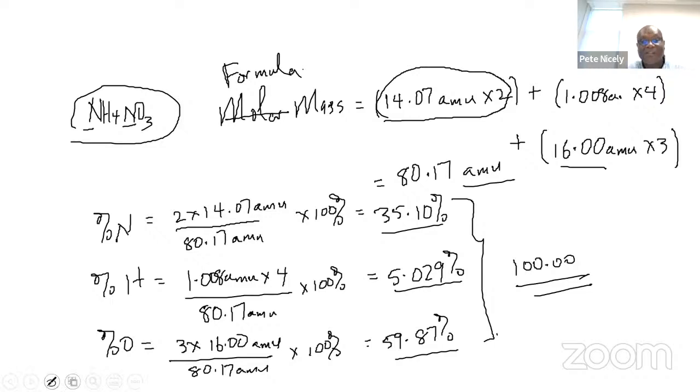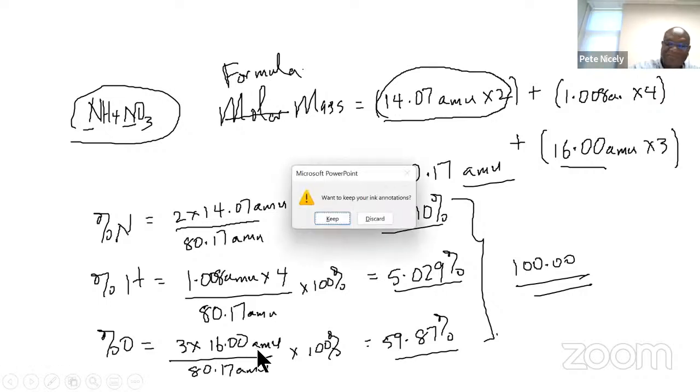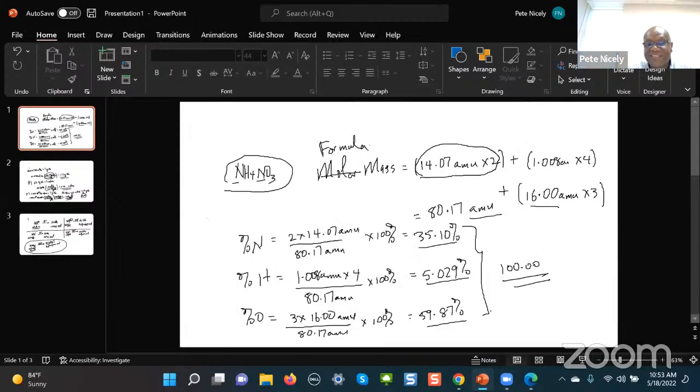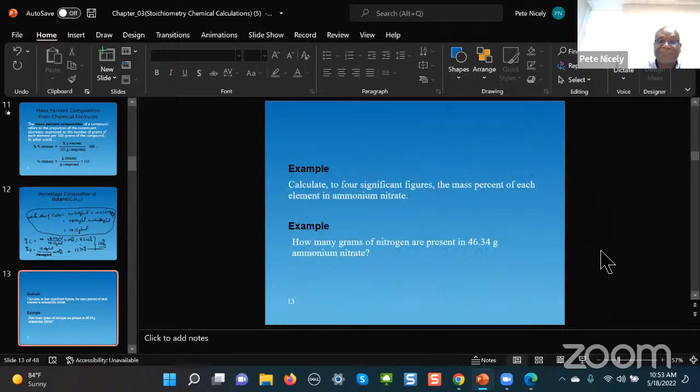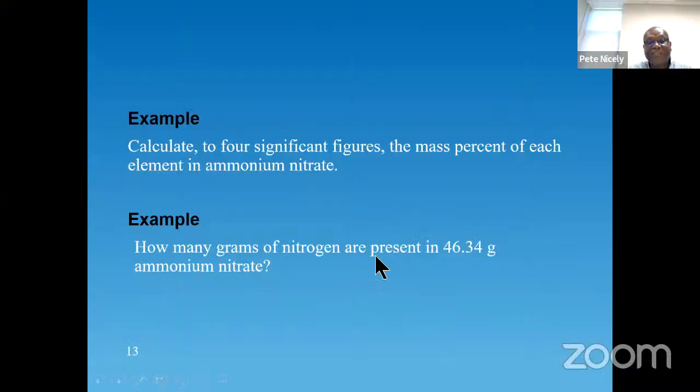Now, there's another question being asked on the same page. Let me go back to it. And that question is, how many grams of nitrogen are present in 46.34 grams of ammonium nitrate?